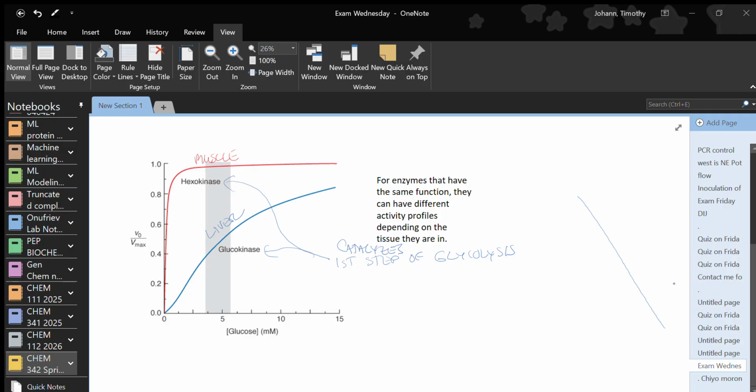So the liver's going to maintain your concentrations here, and so the liver has to be able to release glycogen supplies if glucose is too low, and take up glucose if it's too high. So, as this is glycolysis, if glucose is too low, are you going to be converting it to glucose 6-phosphate? Do you want to if you're the liver? No. Glucose is too low, you want to break down glycogen and kick it out into the blood.